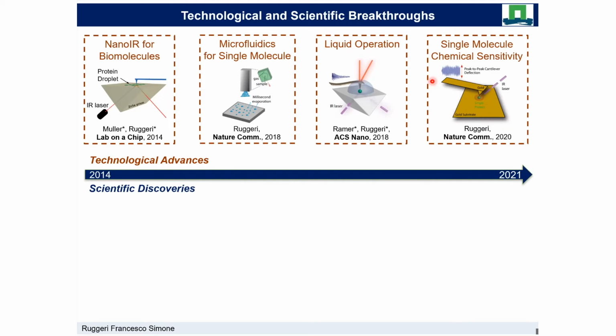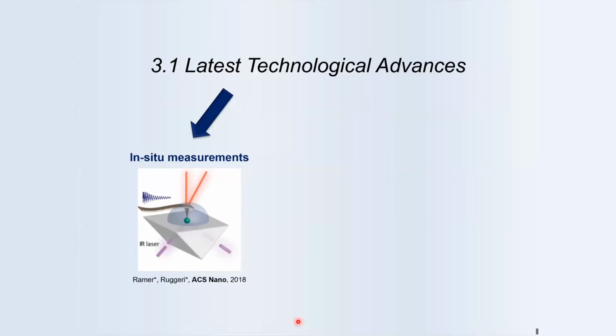And finally, very recently, we have demonstrated that the technique enables us to characterize morphological and structural properties of single proteins at the nanoscale. And very quickly, how we achieved this. First, our interest was in achieving the capability of measuring in situ, so in liquid, because this is very important to study biomolecular processes.